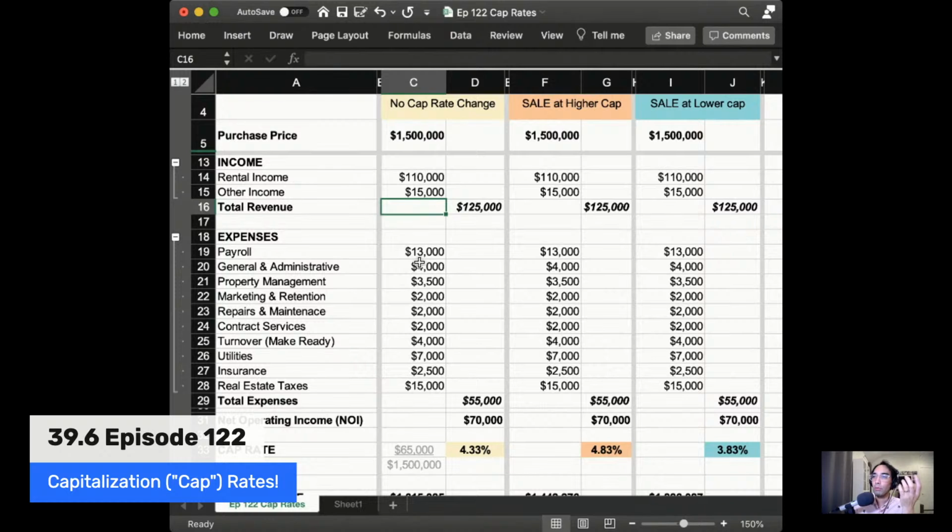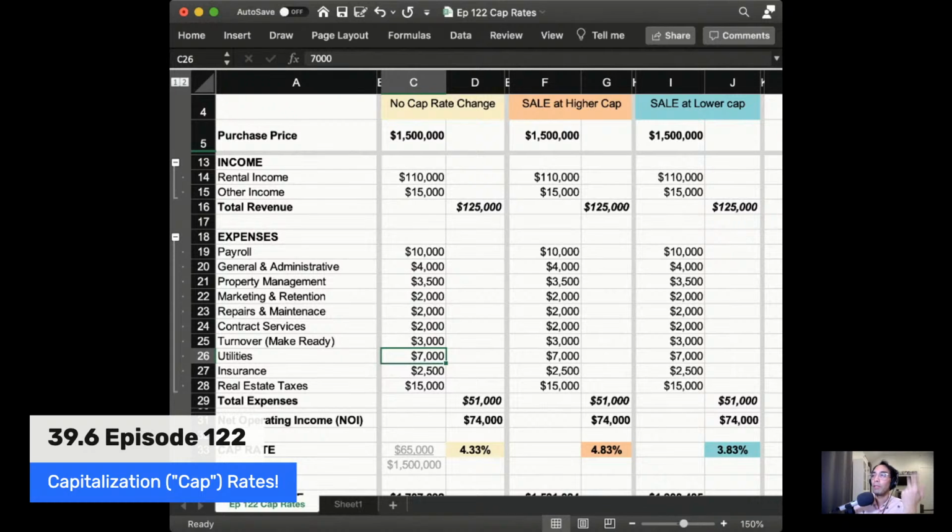And let's pretend we are able to decrease some of our expenses. Let's say we decrease our payroll costs, taking this down to $10,000. Let's take down our property management. Well, no, let's not do that because our rents are going up. But let's pretend we can decrease some of our turnover costs somehow, and we go down to $3,000.